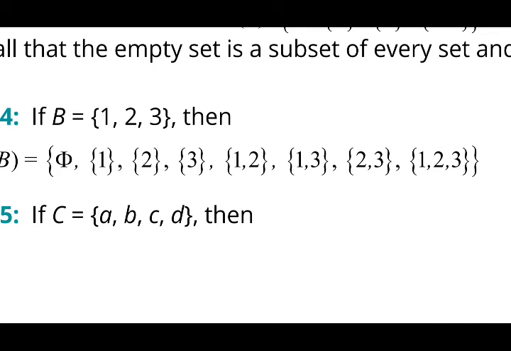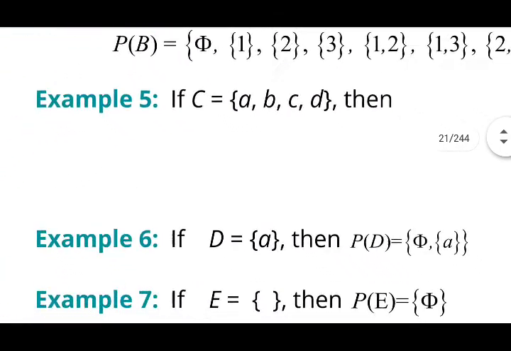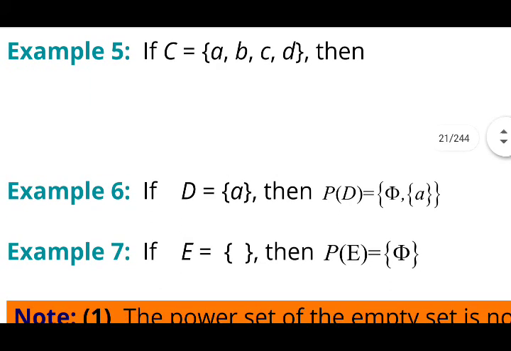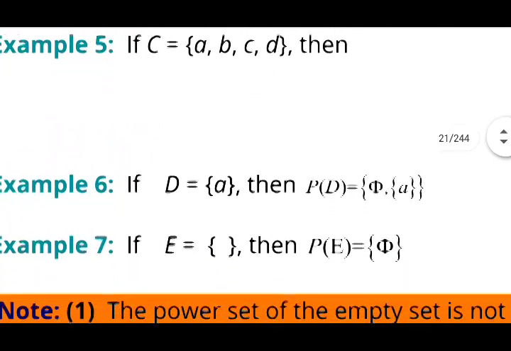And next for three elements, only one set, and the last set is always improper because it is equal to the given set, and the remaining are proper subsets. Now example 5 is homework for you, try to solve it.